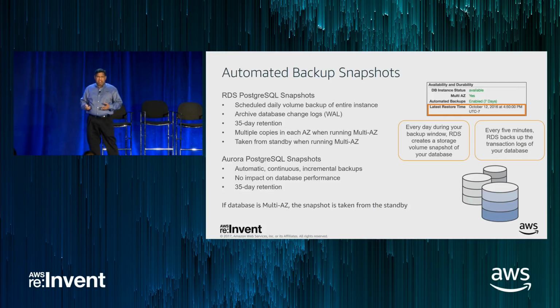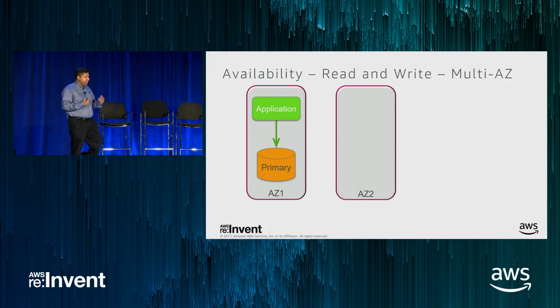So I did talk about multi-AZ, but I didn't give a good introduction to it. So let me now flip over and explain how multi-AZ works. Multi-AZ gives you a high availability feature. Let's say a typical deployment that you have is single AZ, where you have an application talking to a database instance in the same AZ. You have the option to turn on multi-AZ for your RDS instance.